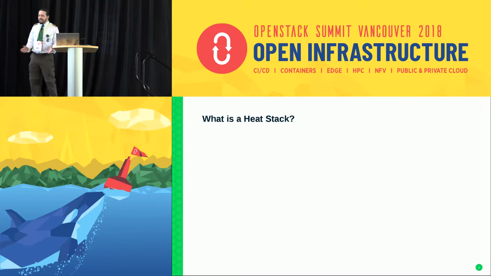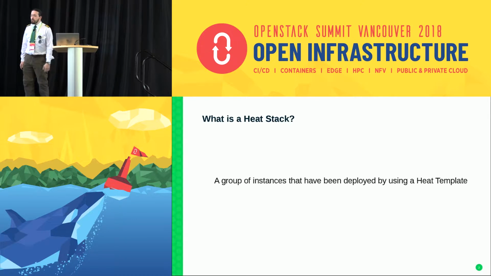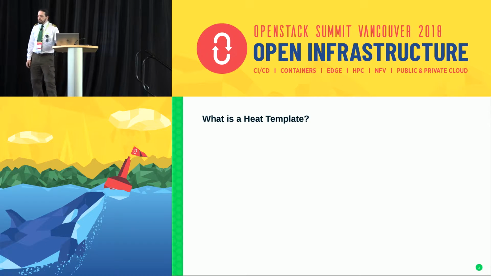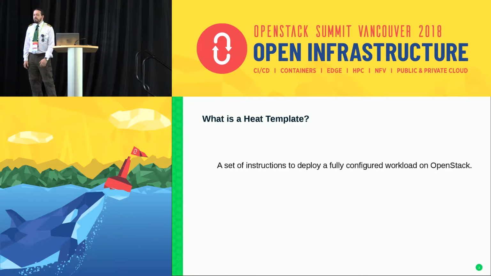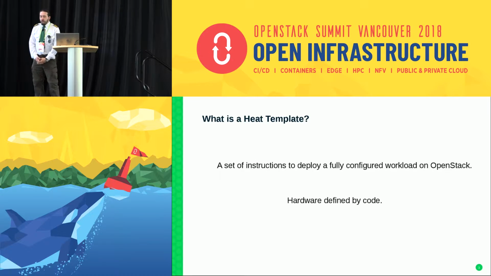So what is a heat stack? Simply put, a heat stack is a group of instances that have been deployed by using a heat template. But you're probably asking me, well, Sean, what's a heat template? A heat template is a set of instructions to deploy a fully configured workload in OpenStack. Essentially, it is hardware defined by code.